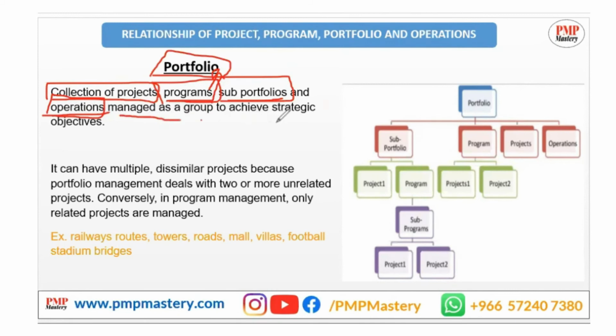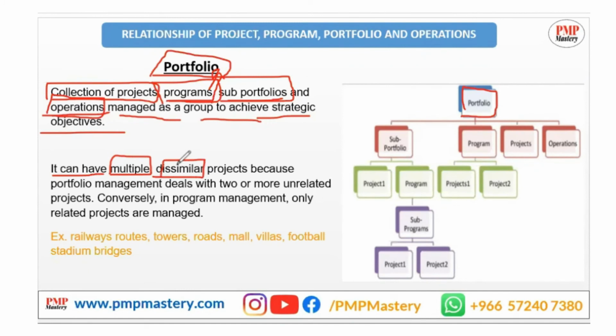They are managed as a group to achieve strategic objectives. The purpose of managing all of this through the portfolio is to achieve the strategic goals of the organization. See here, it can have multiple dissimilar projects.